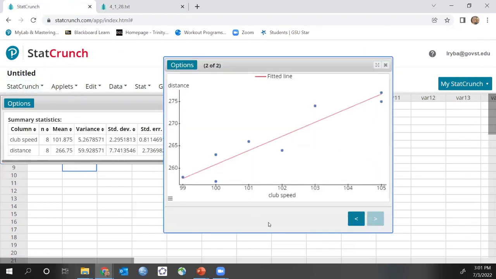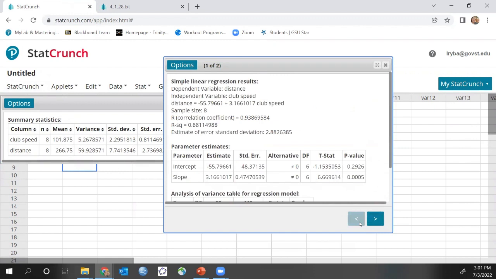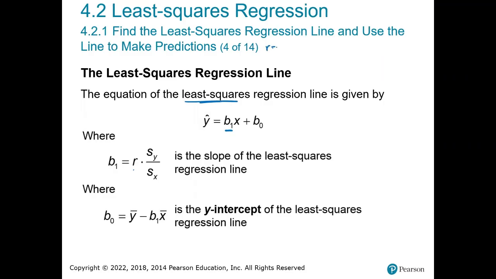Going back, R was 0.939. I need the standard deviation of X, the standard deviation of Y, and the Y mean and X mean. Mean of X is 101.875. Mean of Y is 266.75. Standard deviation of X is 2.295. Standard deviation of Y is 7.741.